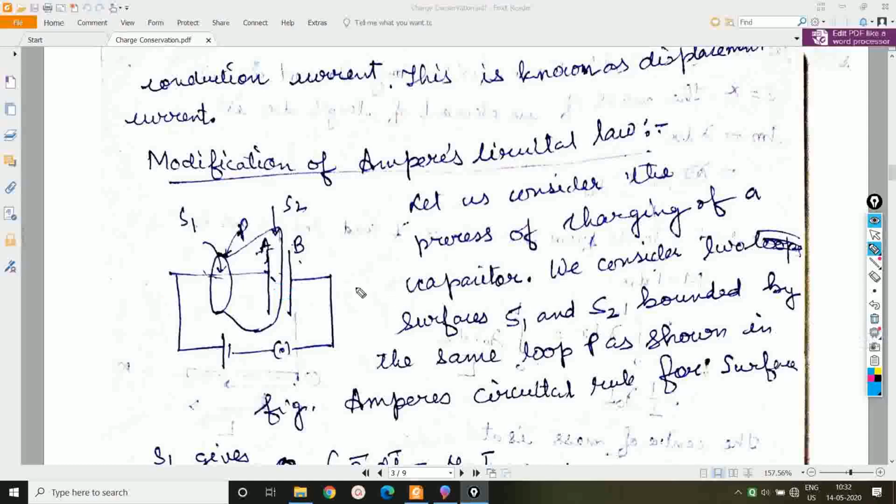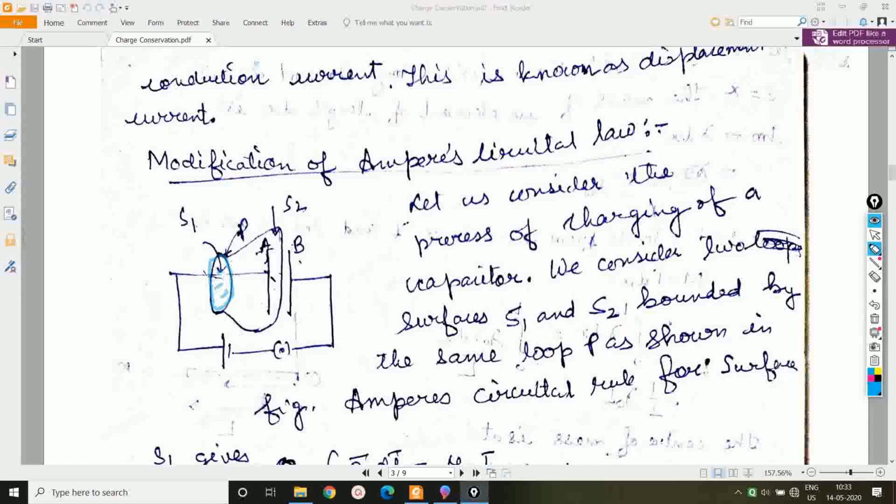Next, let us try to understand. We have drawn here one loop. This is the loop. This loop is bounded by two surfaces. One surface is S1, this one. This loop is bounded by two surfaces.